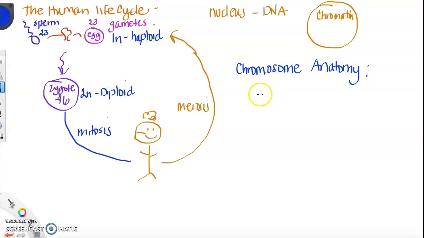Each chromosome has two copies of 23 pairs of the genes, okay? One copy is from mom and one copy is from dad.